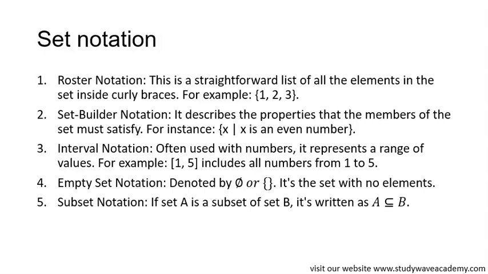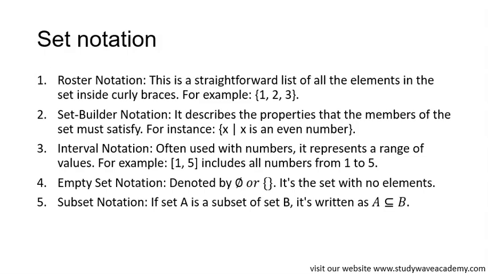For example, {1, 2, 3}. You just make a list inside the curly braces. Like 1, 2, 3, it can be fruits: apple, banana, orange. It can be objects: pencil, book, as long as it's inside the curly braces.